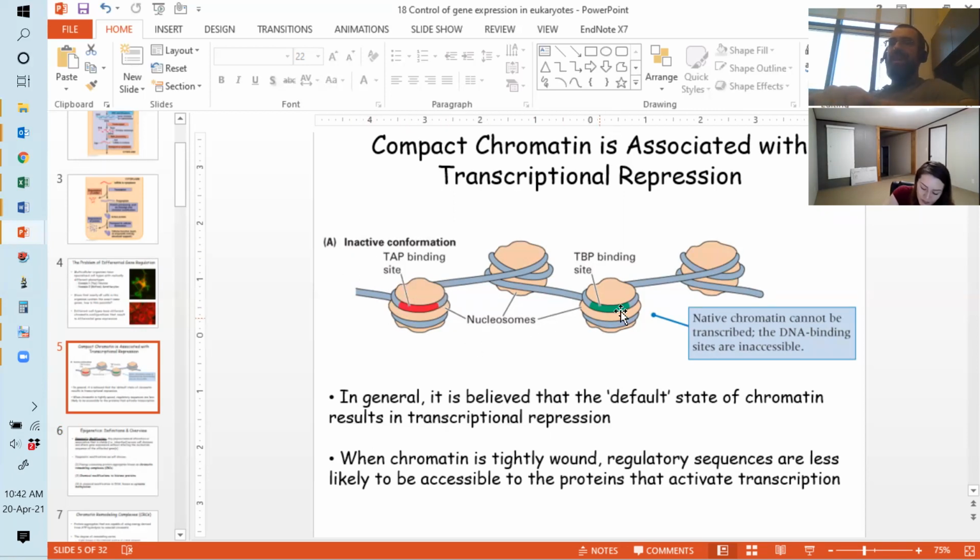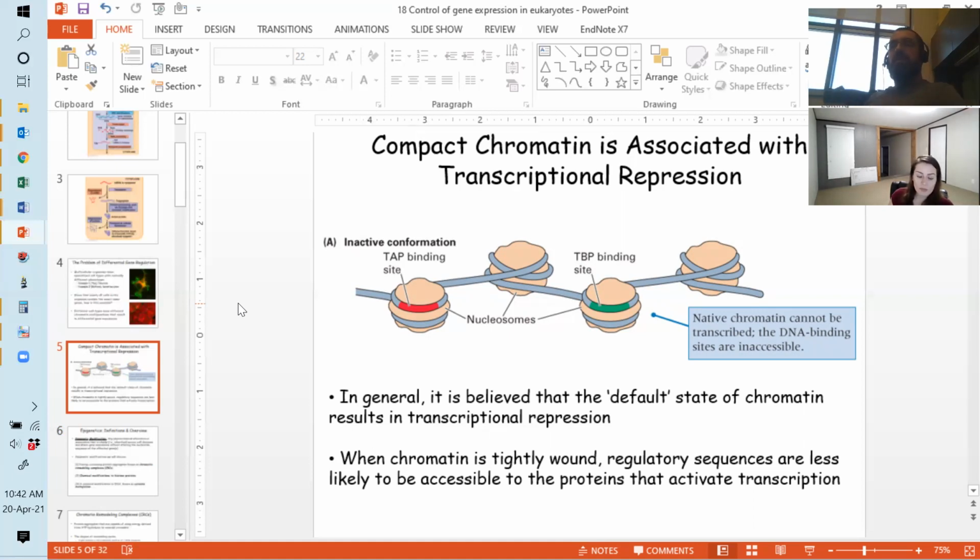But if the DNA containing those binding regions is tightly bound to these histone complexes, or is buried right in the middle of a whole bunch of heterochromatin, these are not going to be available for TATA binding protein or the transcription activator proteins to even bind to that DNA. If those proteins can't bind to DNA, RNA polymerase cannot be recruited to that promoter. No transcription.